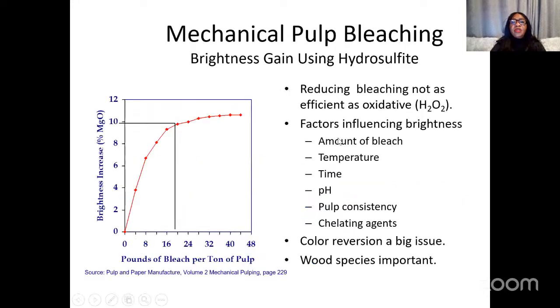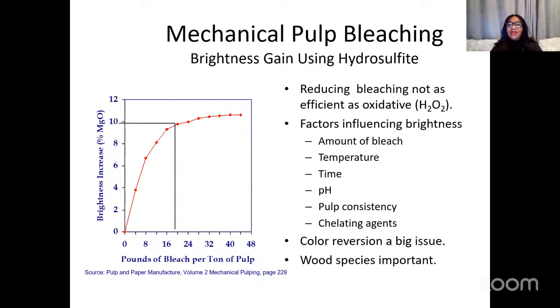Okay, and then in this case, using the hydrosulfite here in this reduction bleaching, this is not as efficient as oxidative bleaching. The oxidative bleaching uses hydrogen peroxide as a bleaching agent. That one is more effective than this reducing agent, and we will see why very soon.